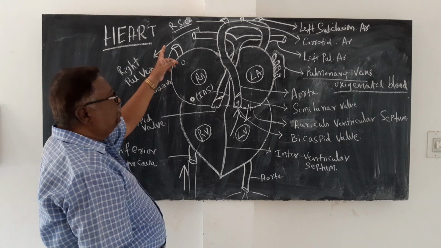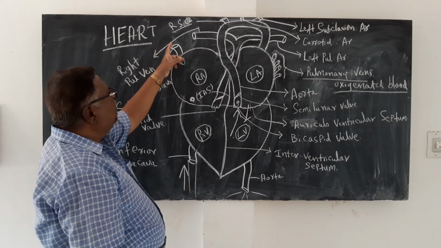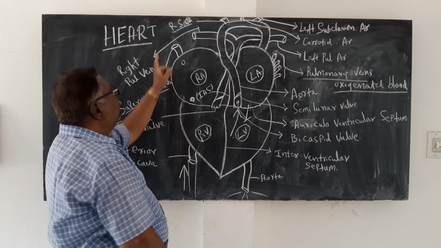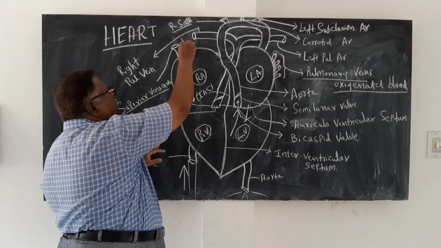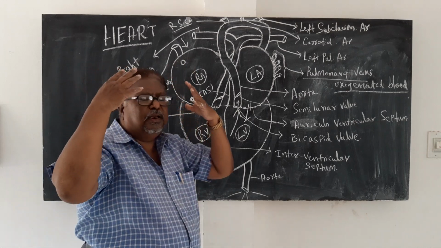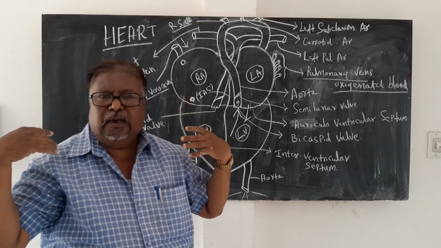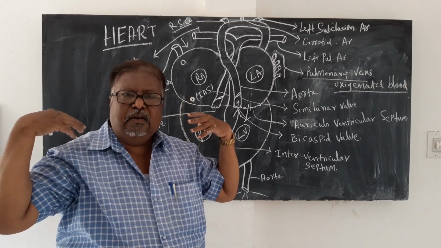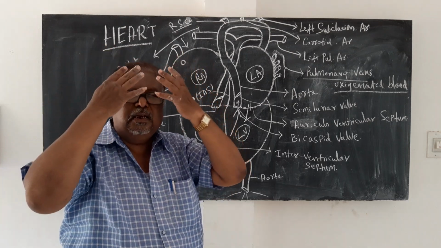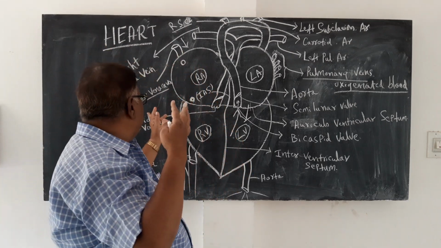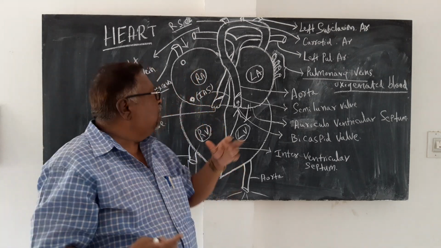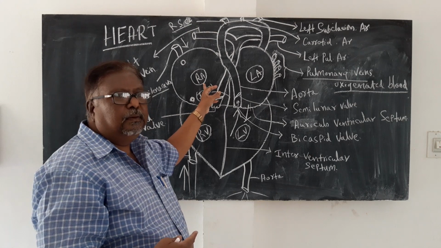And from the anterior part, the blood is collected by the superior vena cava and brought to the heart. It opens here. So the blood from the head region, then shoulder region, back region, from all the anterior parts of the body is collected by the superior vena cava, and it is brought to the right auricle.